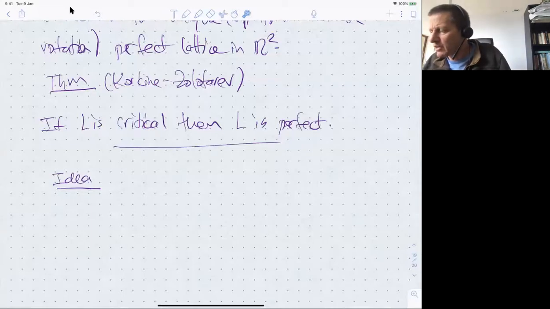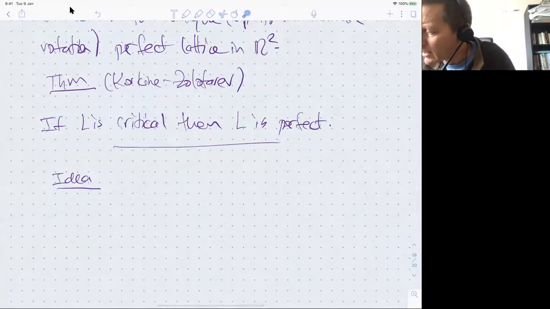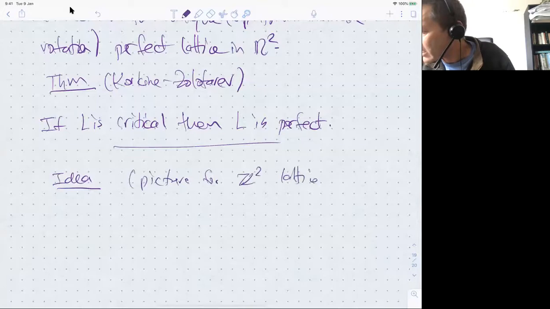So let's just explain the idea in the particular case of the Z2 lattice that we already saw is not perfect. Idea picture for Z2 lattice. Here's the Z2 lattice.